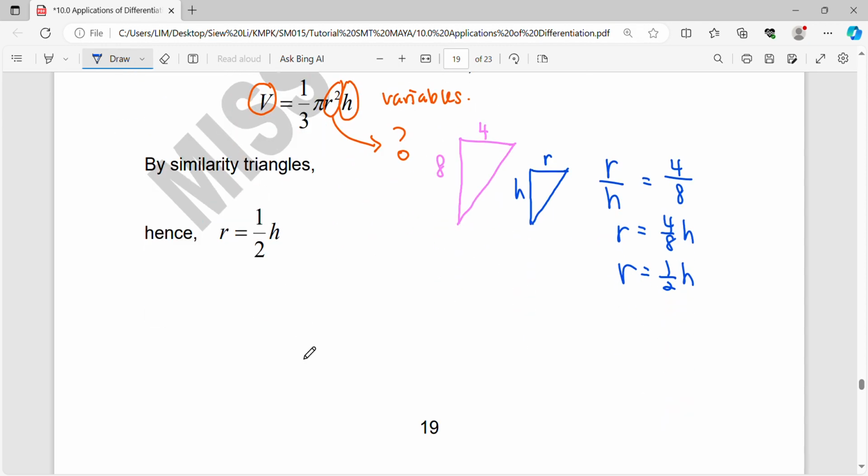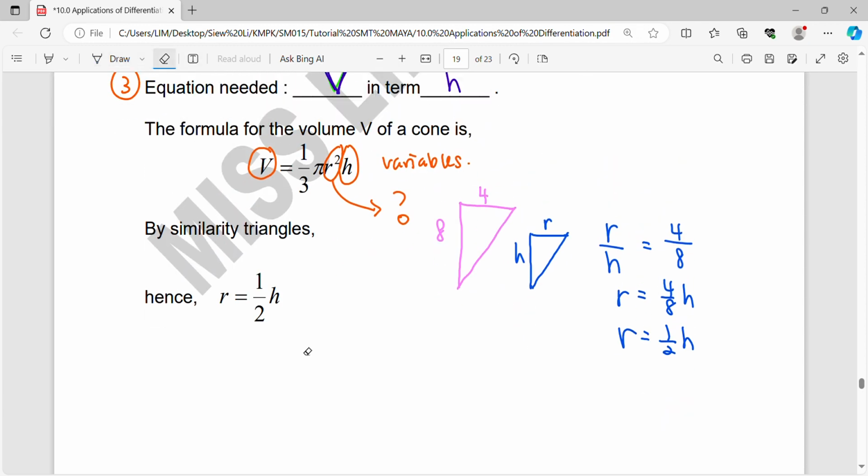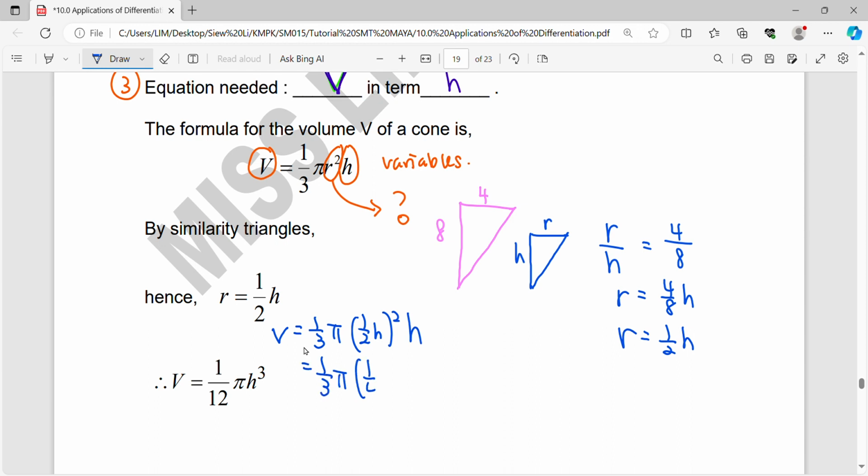Then we substitute into our formula so that we can get our formula into a single variable. When we substitute here, V will be 1 over 3 pi R squared h. As we expand, this is 1 over 4 h squared. Squaring this, 1 over 4 times 1 over 3 is 1 over 12 pi, h squared times h, we get h cubed.